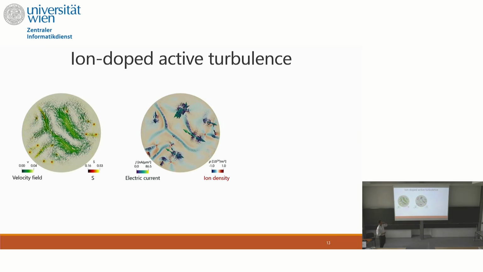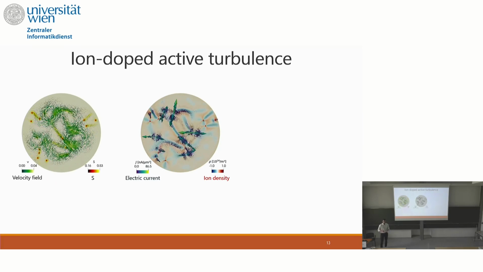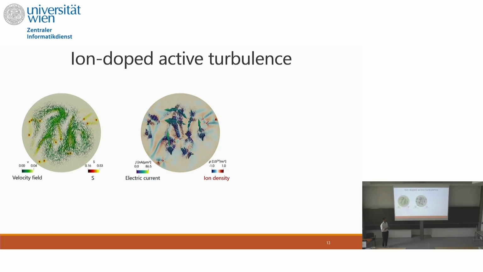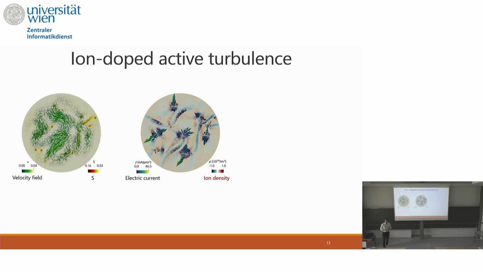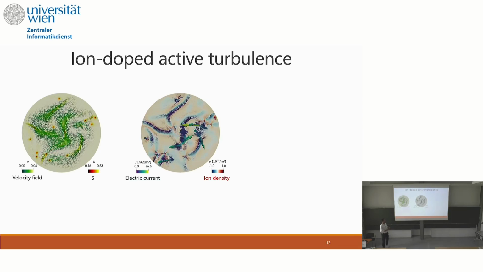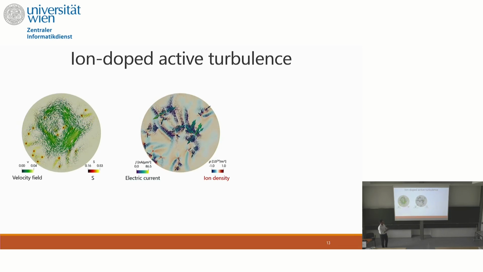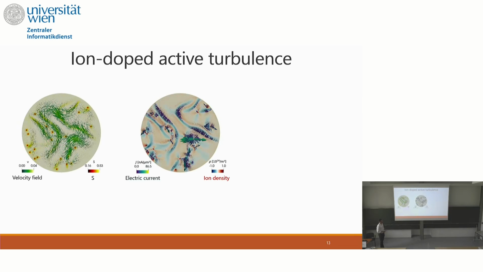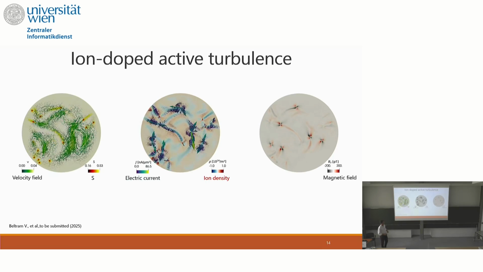And if I plot on top of that the electric current, we can see how it's localized around +1/2 defects. It's changing the magnitude, the orientation, and it's chaotic. And then the magnetic field of such electric current looks like this.